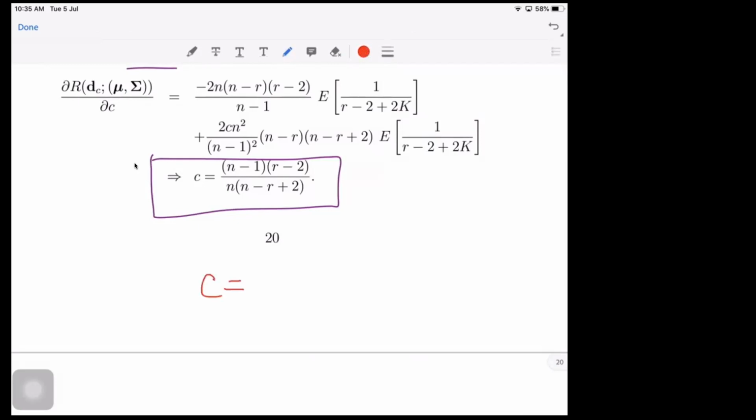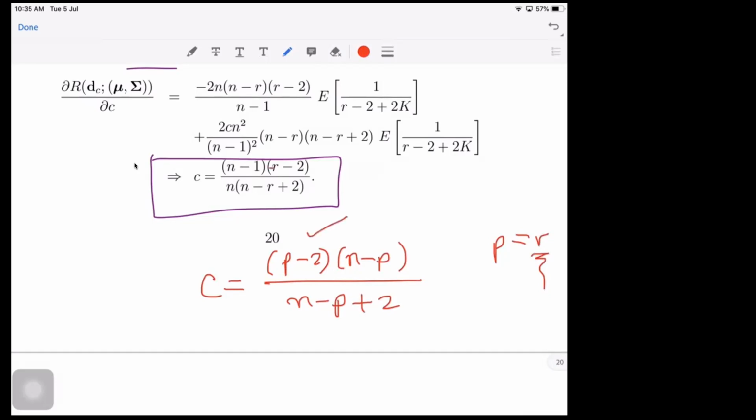C is equal to P minus 2 N minus P over N minus P plus 2. Recall that P here is R for your multivariate case. R minus 2, okay? But this time you have N minus P, but it's N minus 1, but you have an N here.